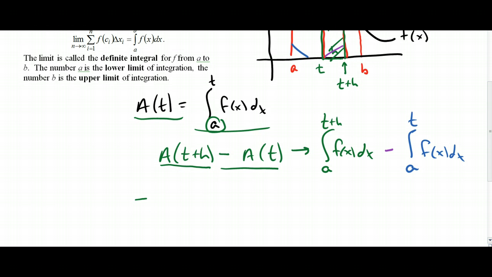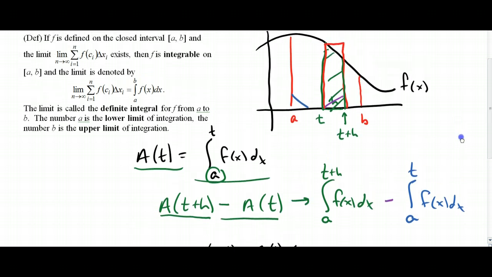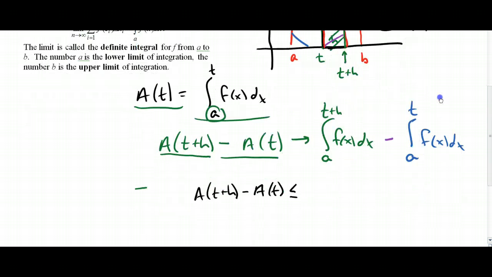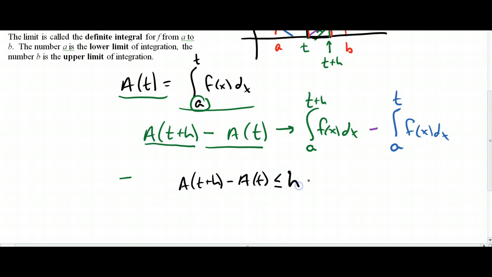So we could say that A of t plus h minus A of t has to be less than or equal to the area of that rectangle. Area of the rectangle is going to be the base times the height. Base is h times the height f of t.